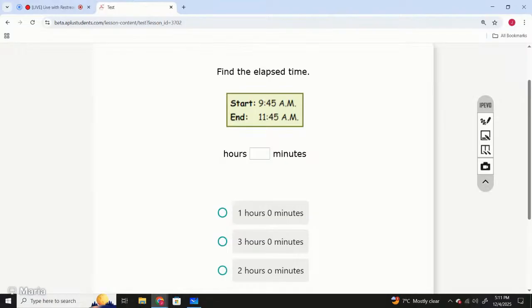Find the elapsed time 9:45 to 11:45. So which is the correct option?